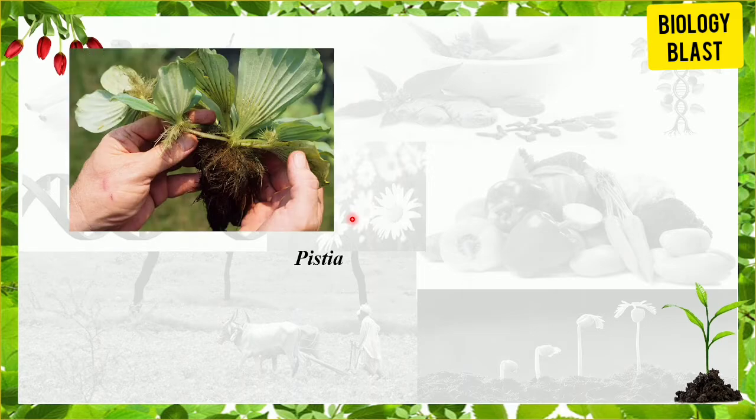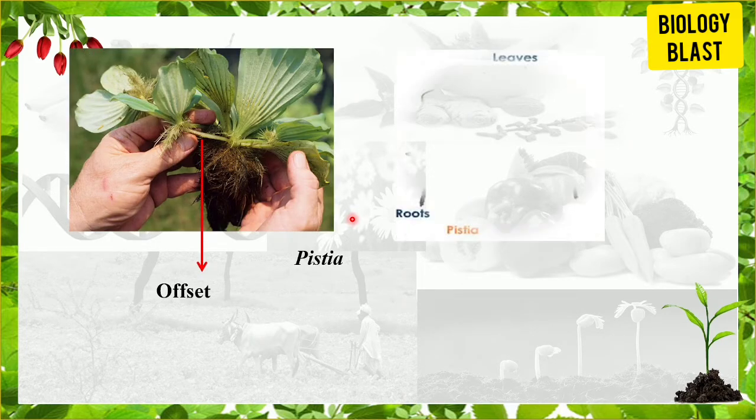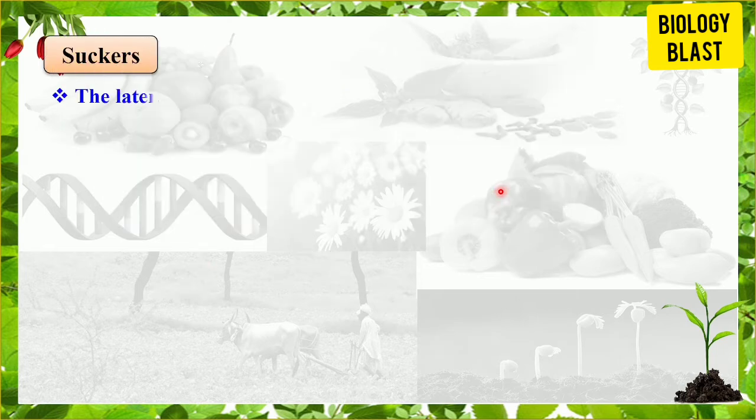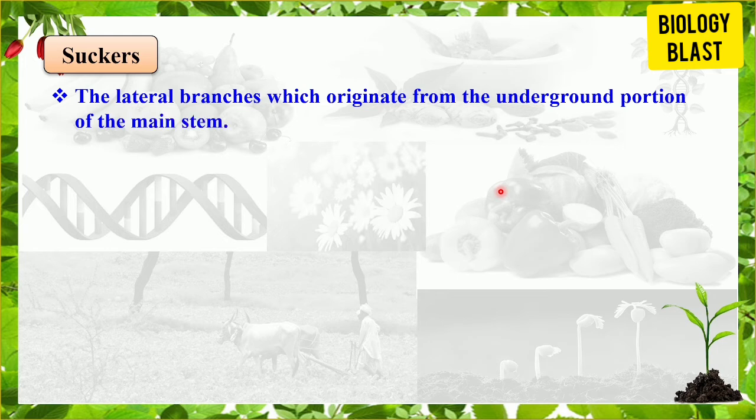Eichhornia, Pistia, are aquatic plants, with offsets between two plants.